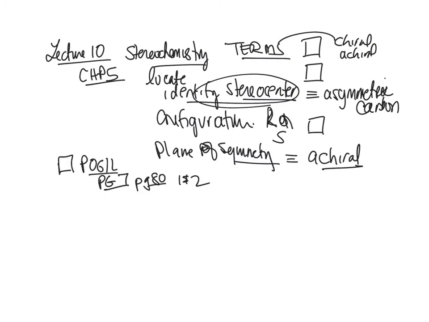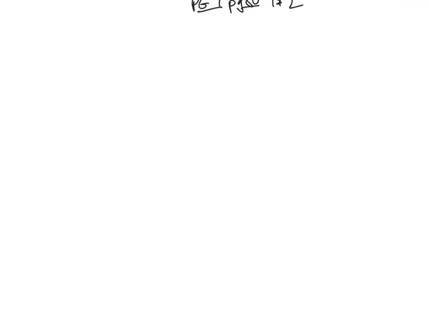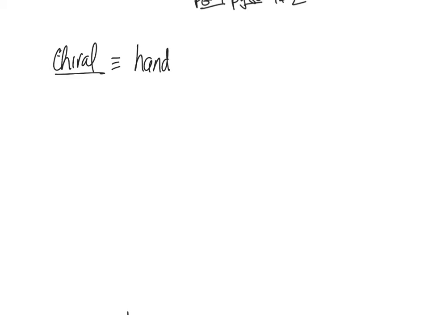Okay, so first let's look at your terms. So if a molecule is chiral, chiral means handedness.